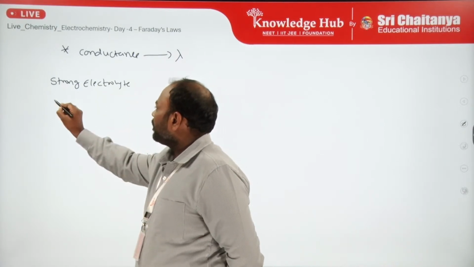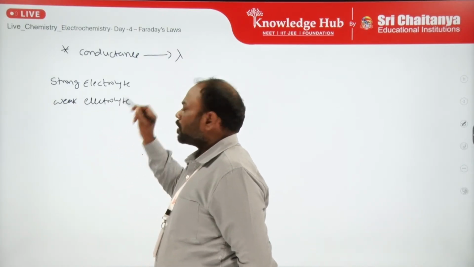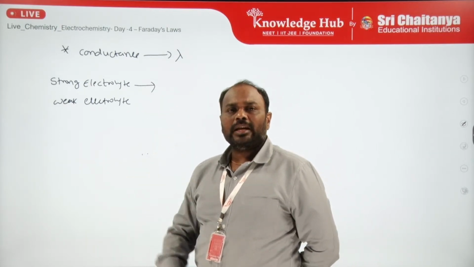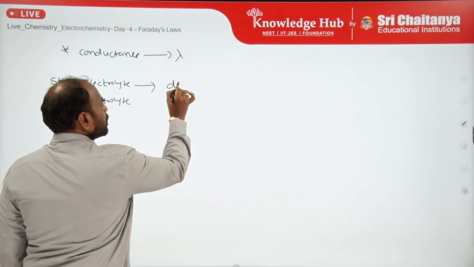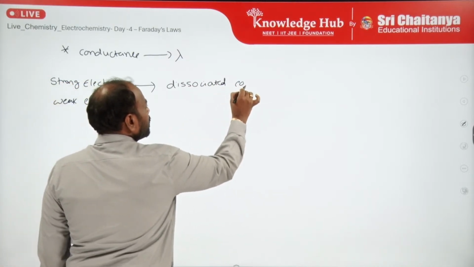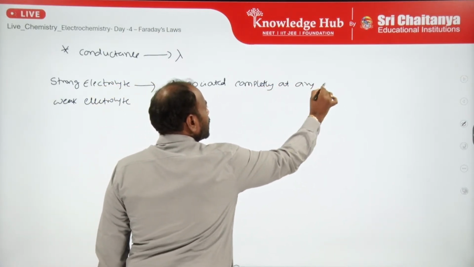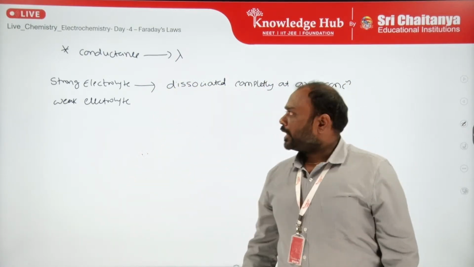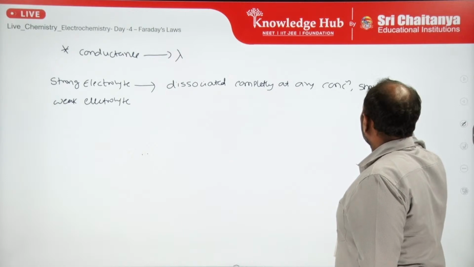Here, based on conductivity, two types of electrolytes are there: a strong electrolyte and a weak electrolyte. A strong electrolyte shows more conductivity and is easily dissociated at any concentration. At any concentration it dissociates completely and shows more conductance, more lambda value.